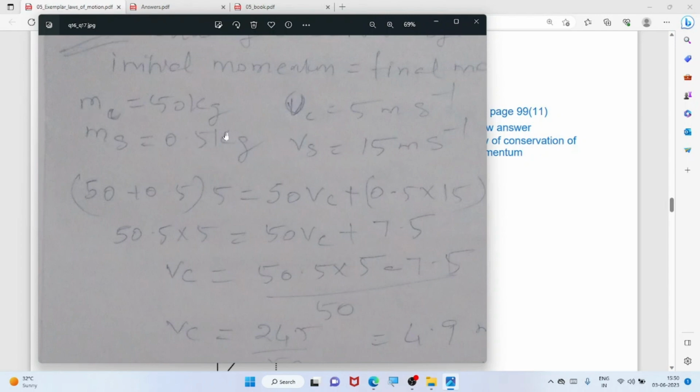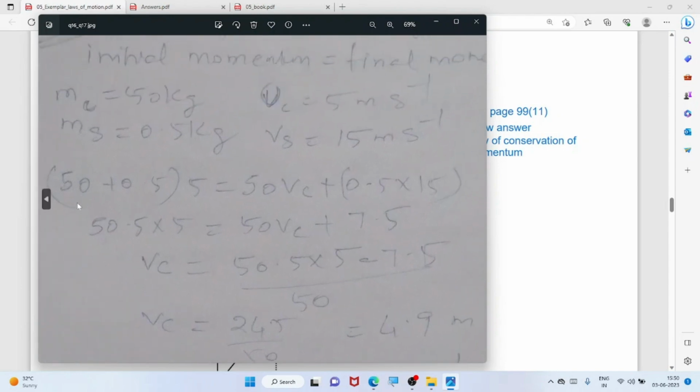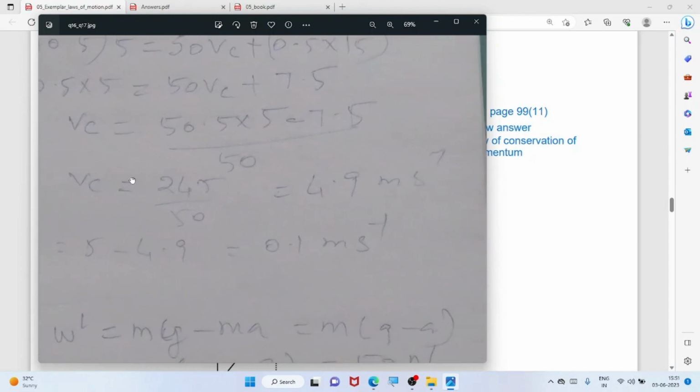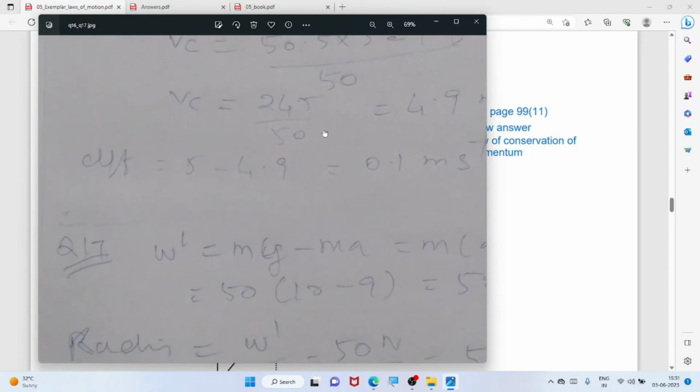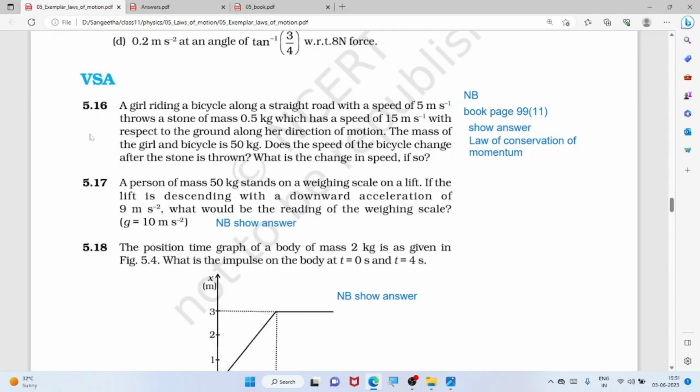This is the mass of the cycle, and the stone mass. As per the law of conservation of momentum, this is cycle plus stone initial velocity, equal to the cycle mass with velocity not known, plus the stone mass into velocity. Simplify and you will get the final velocity of the cycle. That is 0.1 less than the initial velocity, so there is a change in the velocity of the cycle.